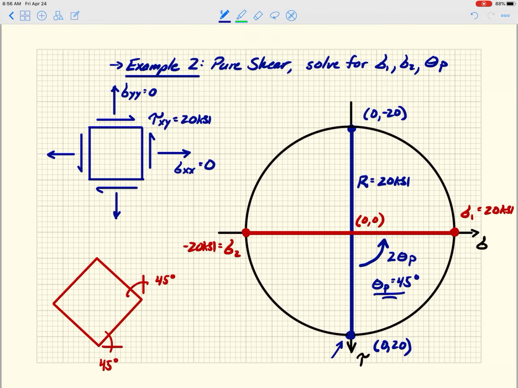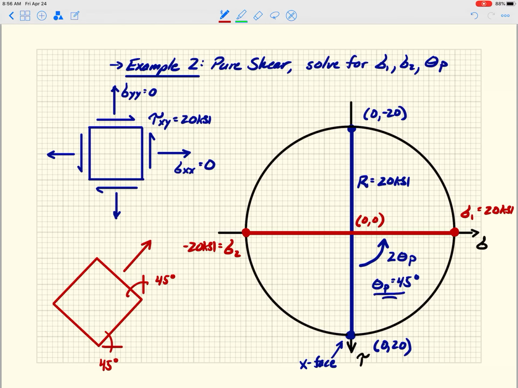So I started here. This was the X face. And if I rotate that X face counterclockwise 45 degrees, I get the face that's heading to the upper right.